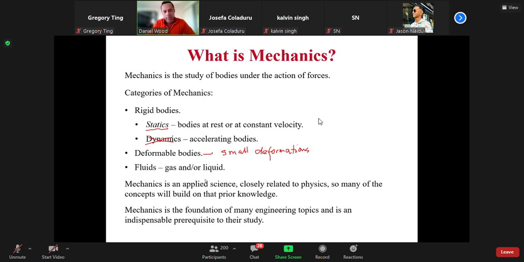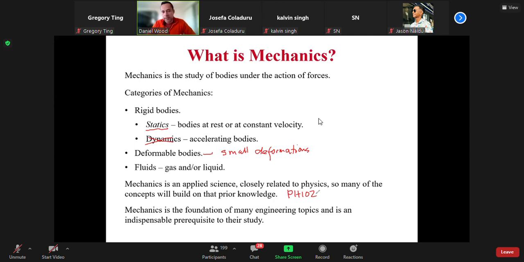Here's a general, I guess, definition of it. Mechanics is an applied science closely related to physics. So many of the concepts we build on are from physics. So this is the very reason why you guys do PH 102. It's an acknowledgement of physics. But from now on, we're looking at the application of those physics principles here in engineering, right?